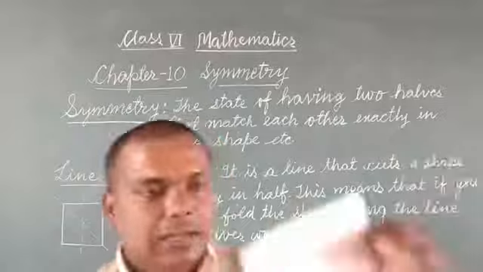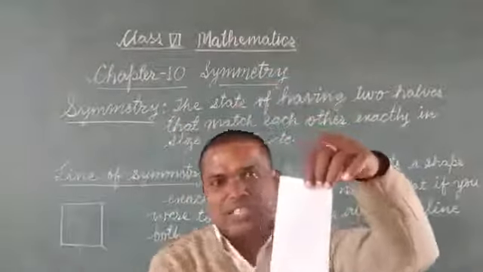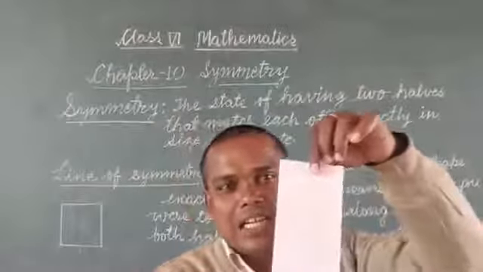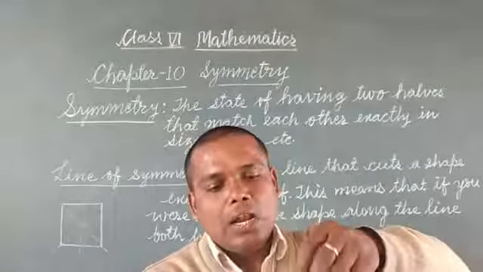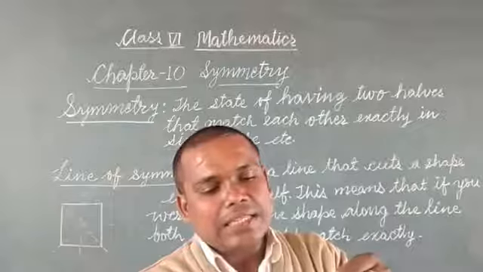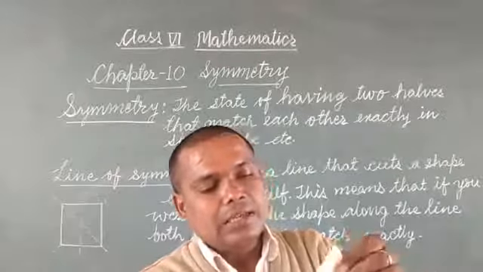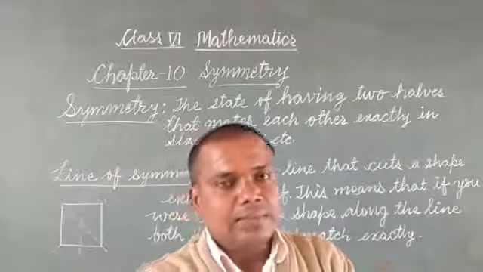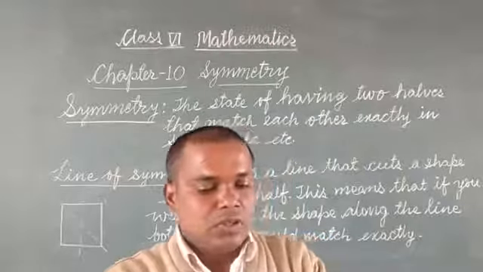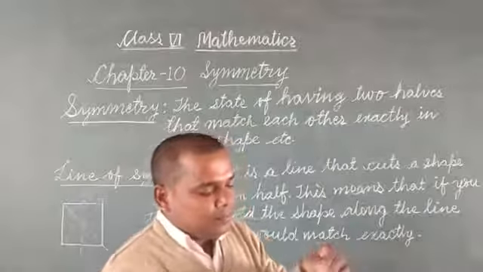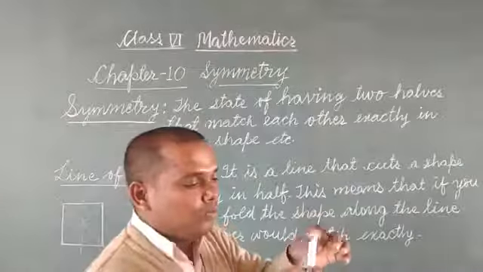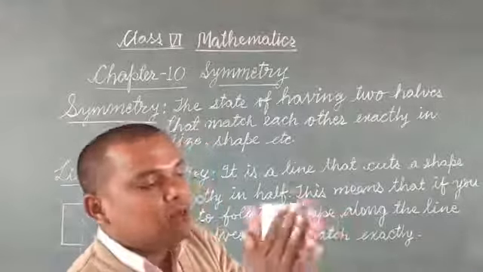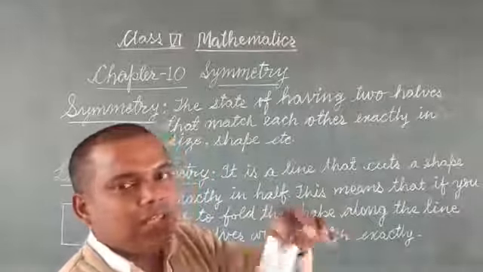This is a rectangle. You are seeing that this is in rectangular shape. Now I am going to fold along its length. See here. One part is this one, another half is this one. Now along this side, these are going to match exactly with each other.